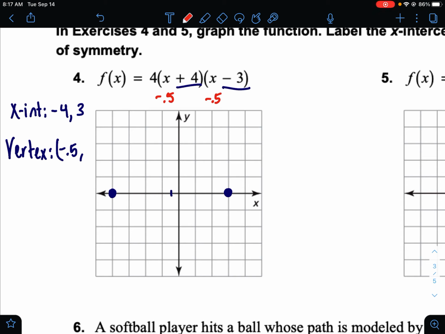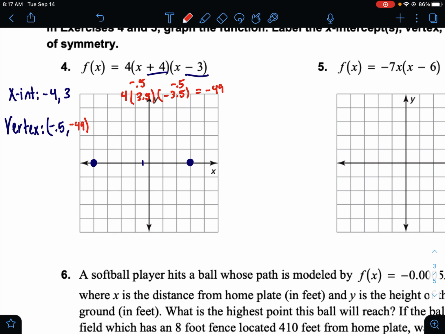So what I have is 4 times negative 0.5 plus 4, which is 3.5. And negative 0.5 minus 3 is negative 3.5. And I just multiply those all. 4 times 3.5 times negative 3.5, I believe, is negative 49. So my vertex would be at negative 49.